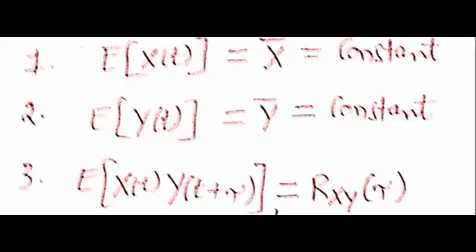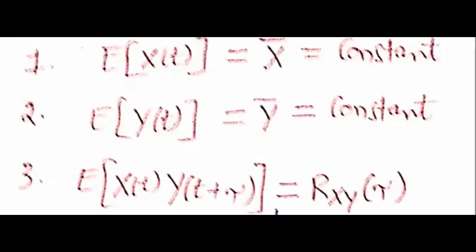And this is nothing but the last equation, that is the equation of cross correlation by replacing the time differences. That is, the expected value of x of t and y of t plus tau is equal to Rxy of tau. So by seeing this, the third condition is that the cross correlation function should be independent of time, but depend on time differences only.